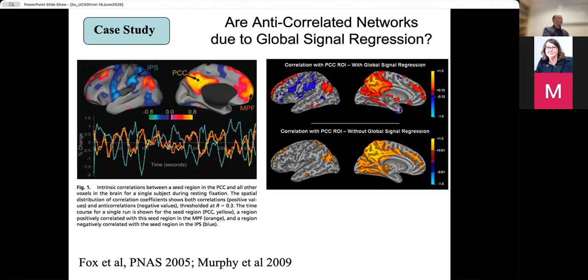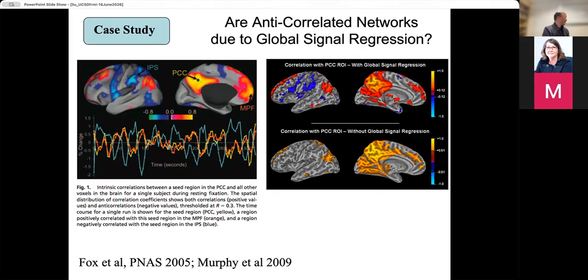But if we have larger sample sizes, we may get closer to the truth without doing global signal regression. I think you all agree that's the consensus. It's not due to it, but it might be inflating a little bit. There's no right answer. Oh, you really believe that?